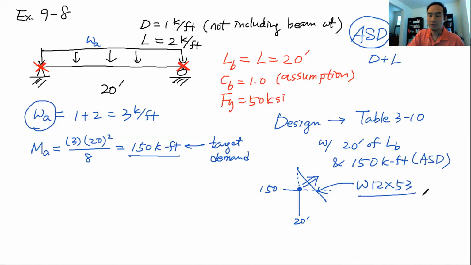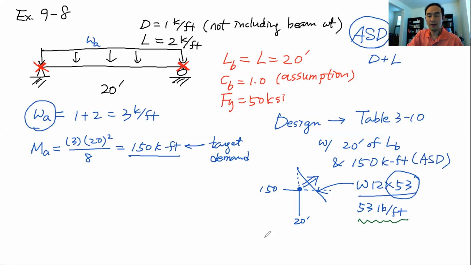And as you can see, the weight of this section is 53 pounds per foot, right? So now we're going to update our moment calculation, including this beam's weight. Earlier I said 3 times 20 squared over 8.